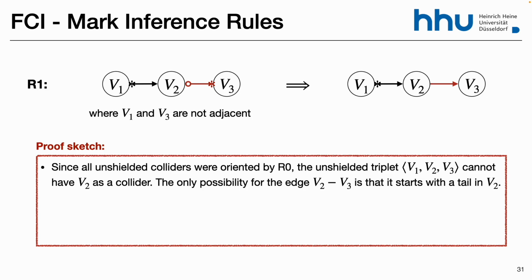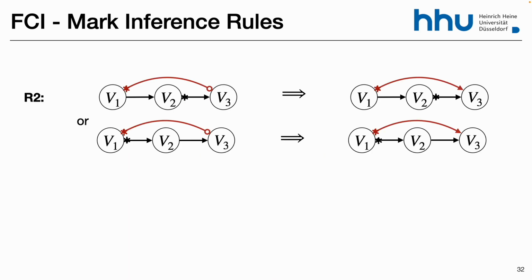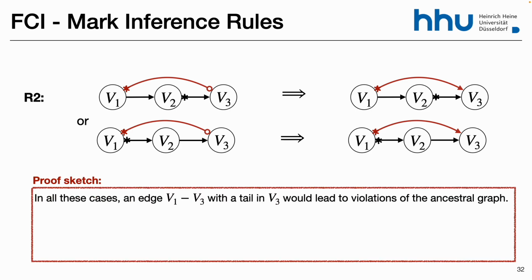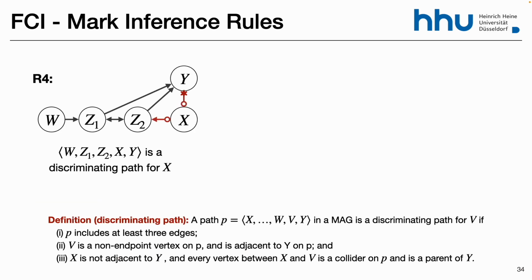So it has to be a tail, and you cannot have an undirected edge, otherwise you would violate the idea of maximal ancestral graphs. So it's for sure an arrowhead. That's what's written here. So you just check at home. If you have questions, you can ask me next lecture. But you have rule 2. Basically that is a pattern, and you can convert it to something else. And all the proofs are here. There's 3, 4, and so on.